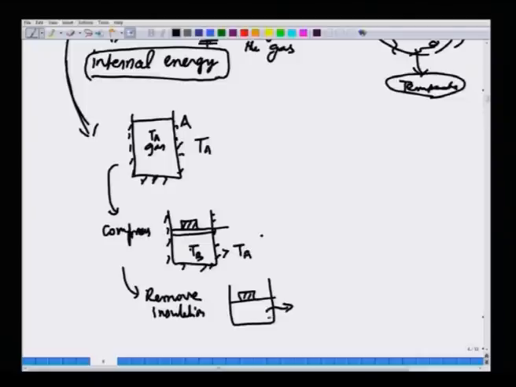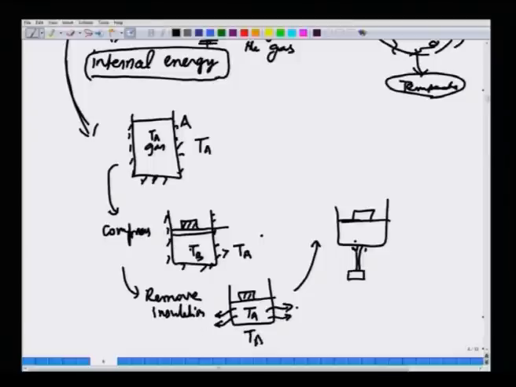So, once you remove the insulation, then since this is at a higher temperature than the outside, energy will flow from inside the gas to outside. Okay. Now, I will take the same system, I can bring it back to state B by merely applying heat to this system. Once I have allowed this gas to reach, by virtue of heat transfer it will lose heat, so it will eventually reach the same temperature Ta.